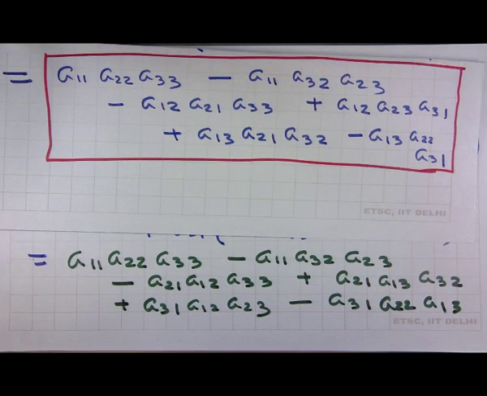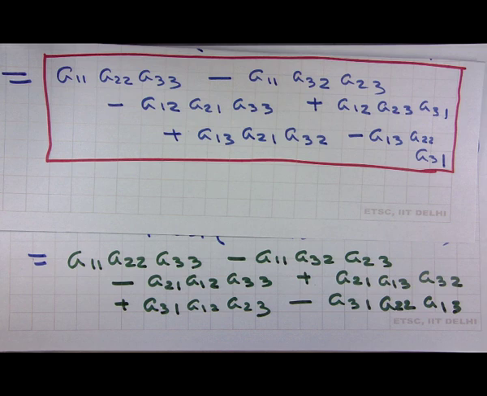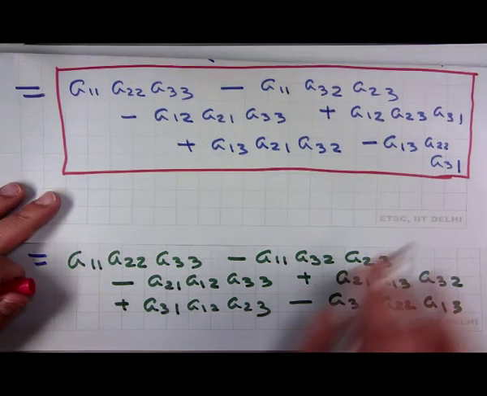This is what we got as the determinant when we have expanded it along the first row. This is what we have got when we have expanded it along the first column.